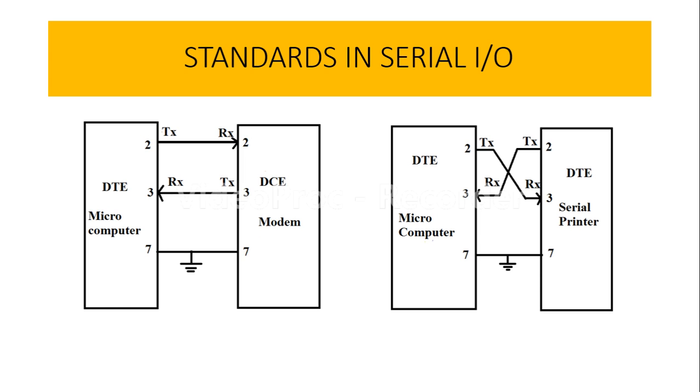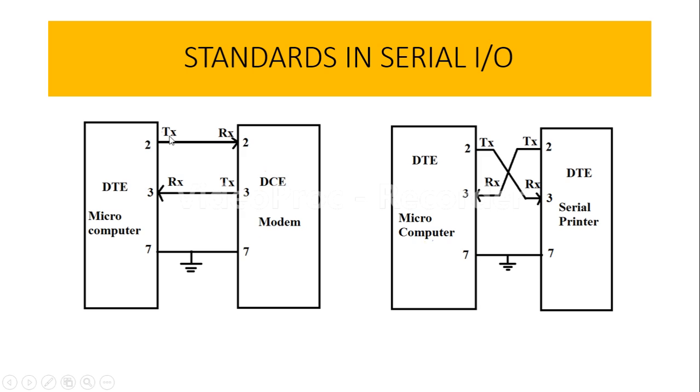Here I am showing you the RS232C connection. If you see the first diagram, you can see that there is data communication between the data terminal equipment and the DCE, which is nothing but the data communication equipment. So there is a data transfer between the computer and the modem. As we know, the DTE is going to use pin number 2 for transferring the data, so here I am using an arrow towards the DCE.